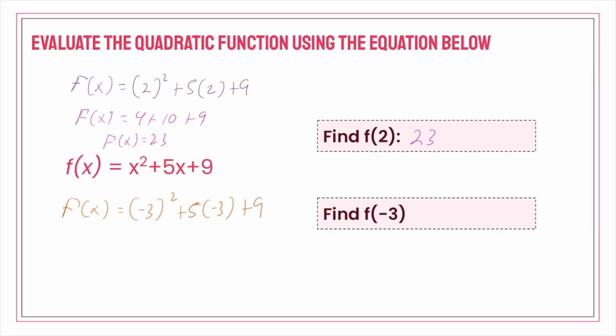So in this case, we've got negative 3 squared, so negative 3 times negative 3 is going to be positive 9. So you have to be very careful there, but we end up with 9 plus, in this case, negative 15 plus 9. When we add these all together, we should end up with f of negative 3 equal to positive 3. So positive 3 is our answer here for this one.